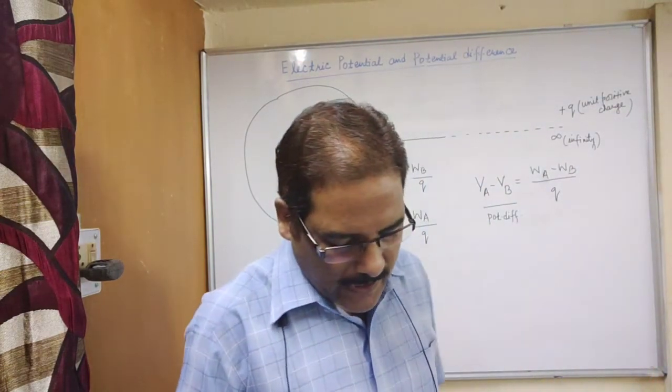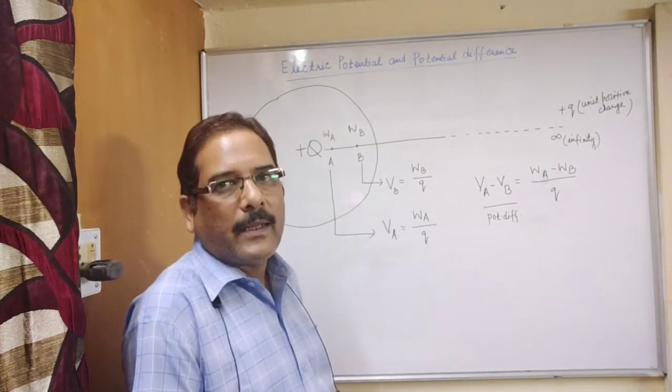So work done per unit charge is the potential at that point.